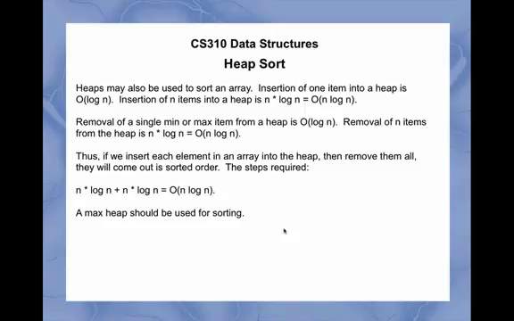So the steps required: first the insertion, n times log n, plus the removal, n times log n, is equal to big O of n log n. You always want to use a max heap for sorting. So let's look for a moment at this process and see how it works.